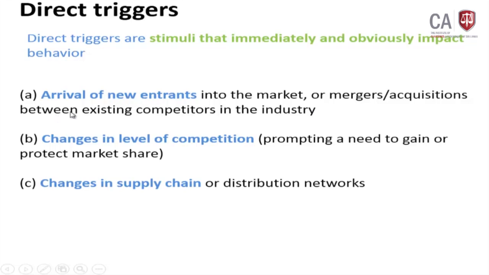Between the existing competitors in the industry there can be huge competition. So, in order to compete with the new entrants, that directly triggers the organization to develop some new products and enter the market with new products, right.